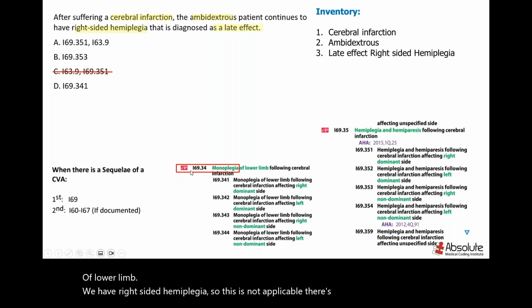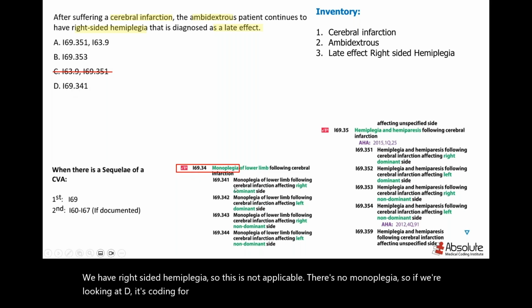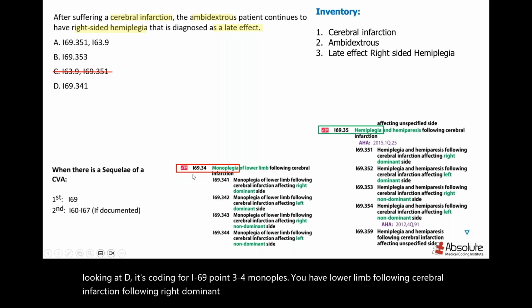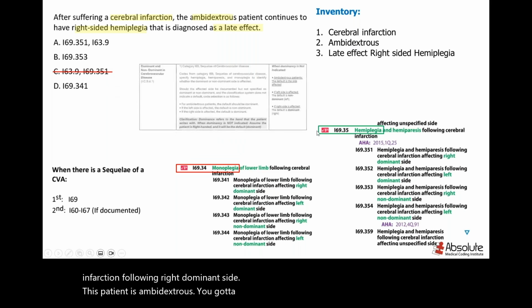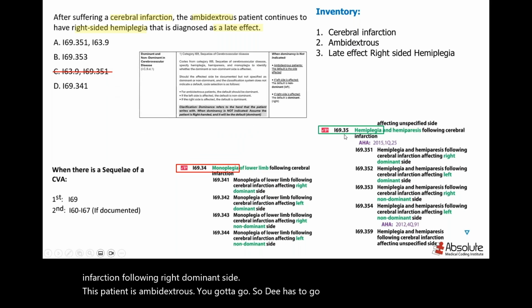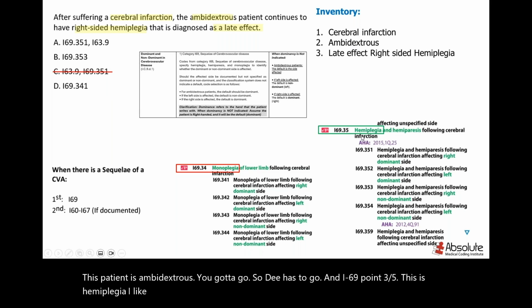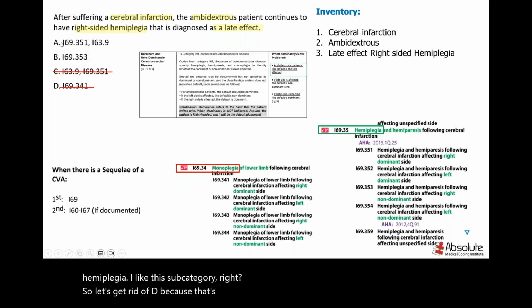There's no monoplegia. So D is coding for I69.34, monoplegia of lower limb following cerebral infarction following right dominant side. This patient is ambidextrous. So D has to go. And I69.35, this is hemiplegia. I like this subcategory, right? So let's get rid of D because that's monoplegia, and that leaves us with A and B.